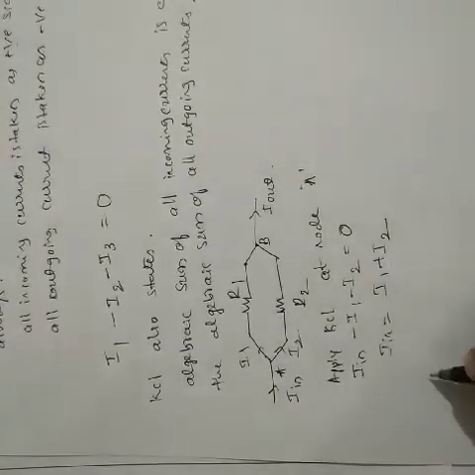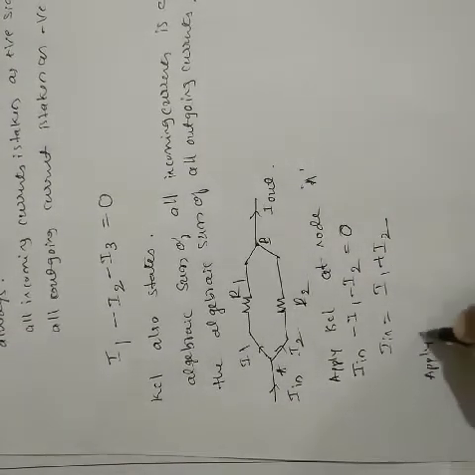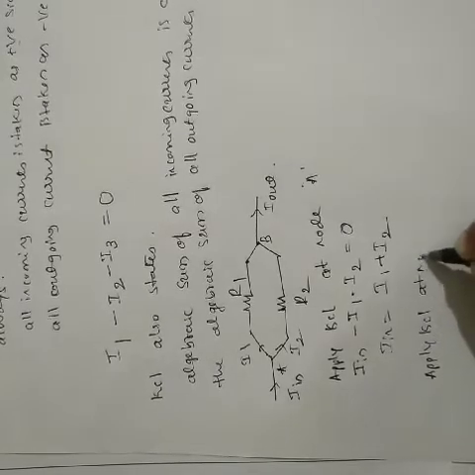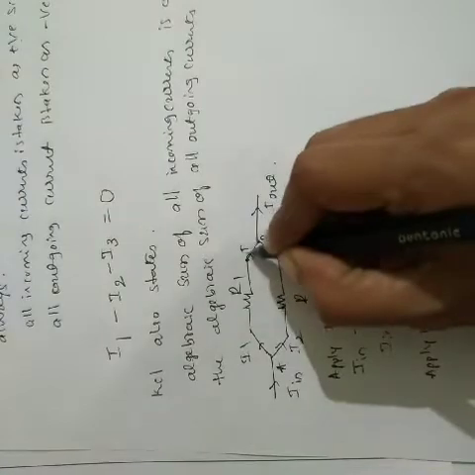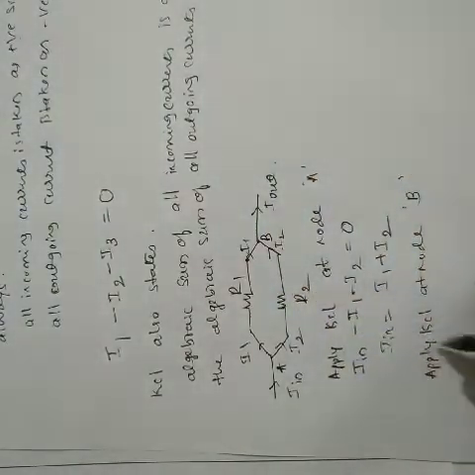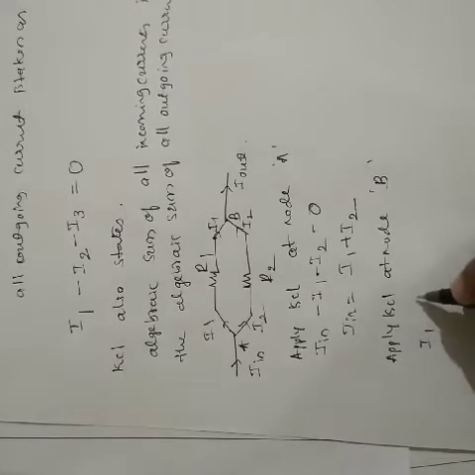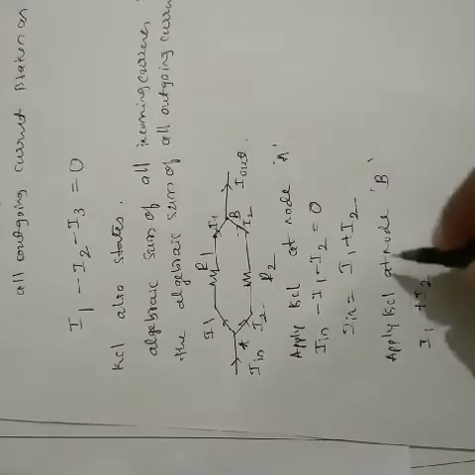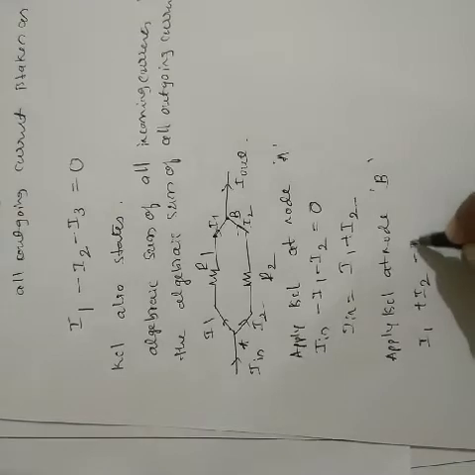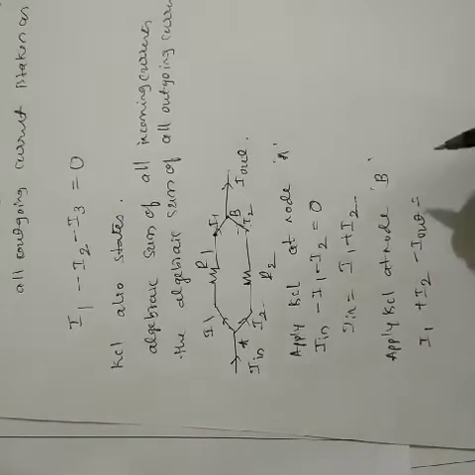Now again apply KCL at node B. This is the same current I1, I2. I1 is towards the node and taken as positive sign. I2 is towards the node and taken as positive sign. I out is away from the node and taken as negative sign, equal to 0.